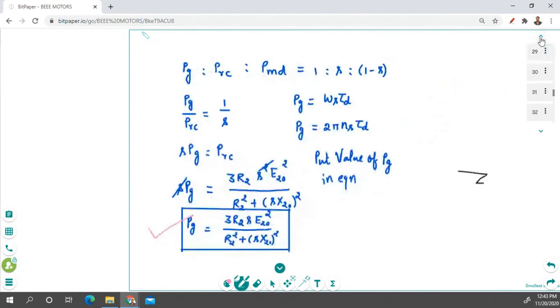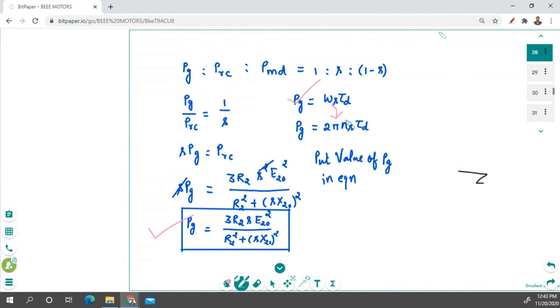Gautam is confused somewhat. Let's understand from the previous step. We have calculated this power. How can you represent this power? Inputted power can be represented by omega s into Td, and you know that this omega can be represented by 2 pi Ns.